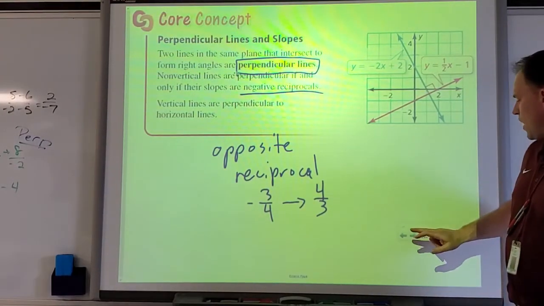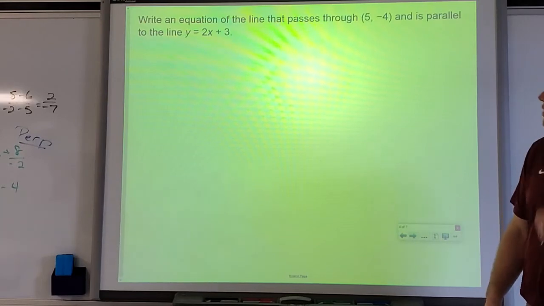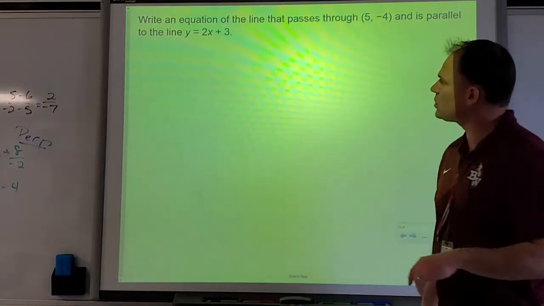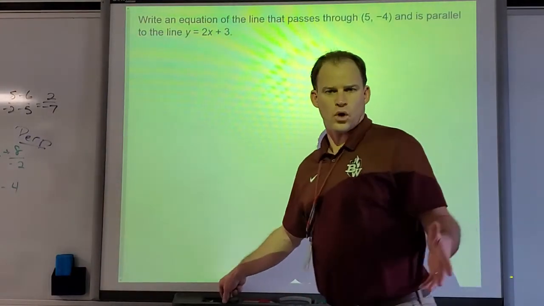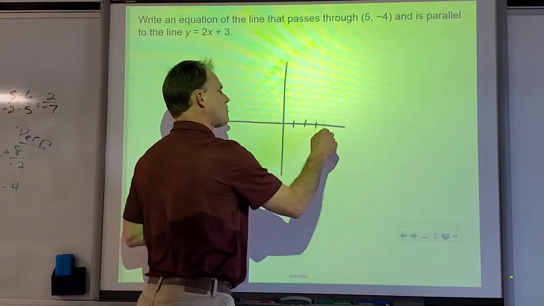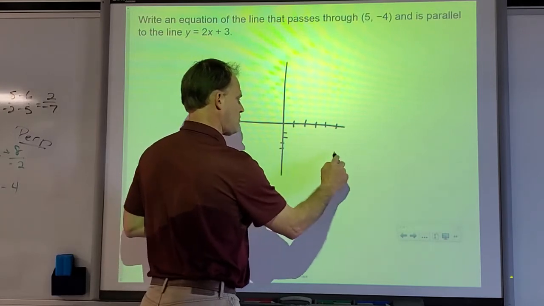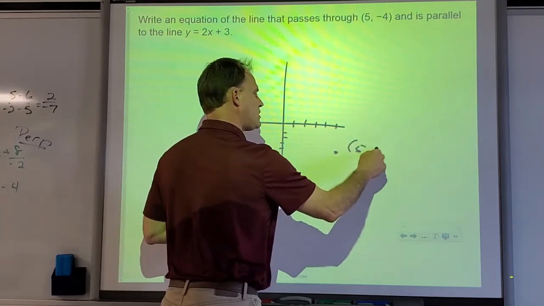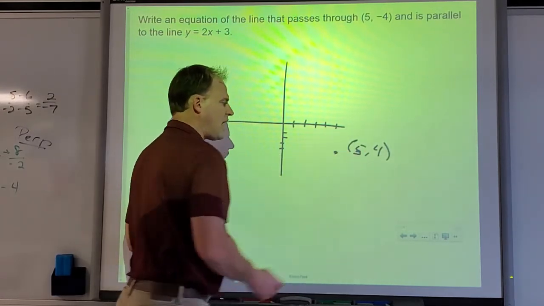All right, so how are we going to use that? Like this. Write the equation of a line that passes through the point and is parallel to the line. So before we get into the work, let me show you what this problem means. So there's some point, 5, 4.